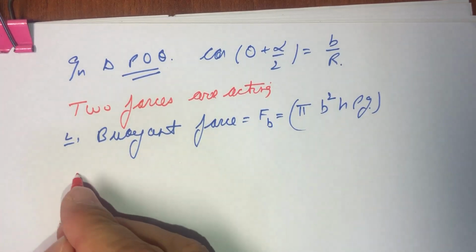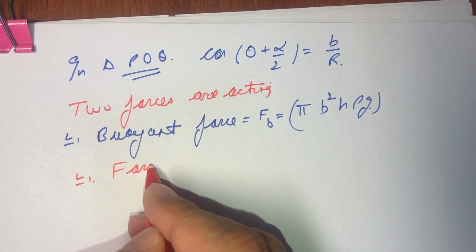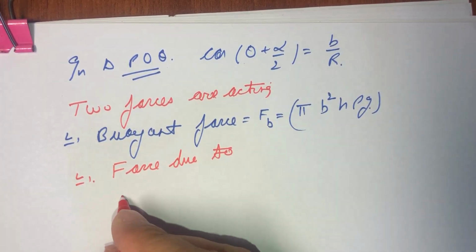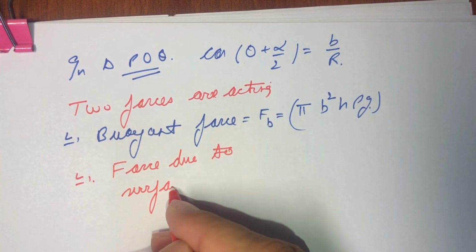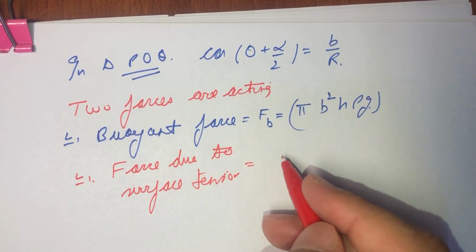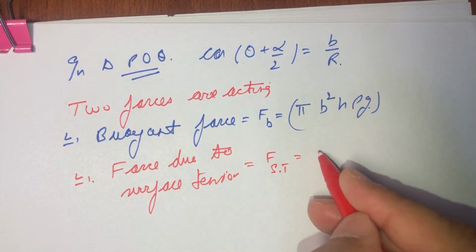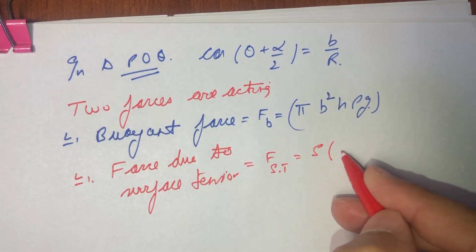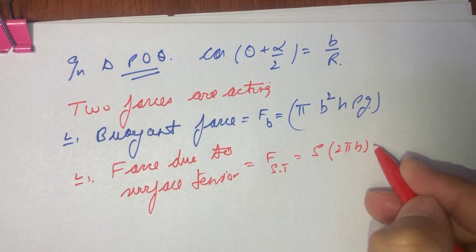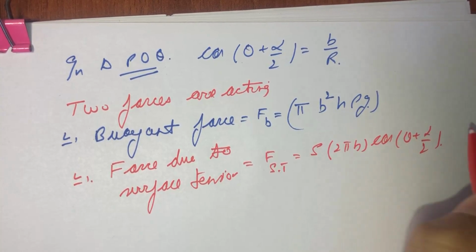And the second force is the force due to surface tension, let us call that Fst, which will be equal to S multiplied by 2 pi b, and we get cos of theta plus alpha by 2.